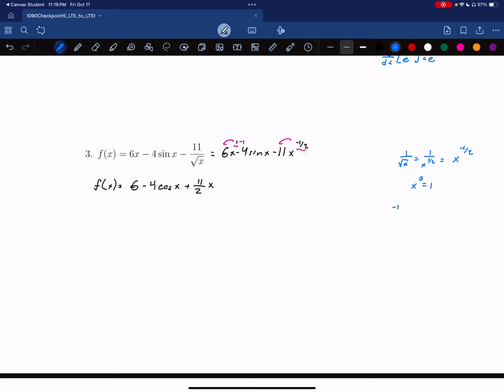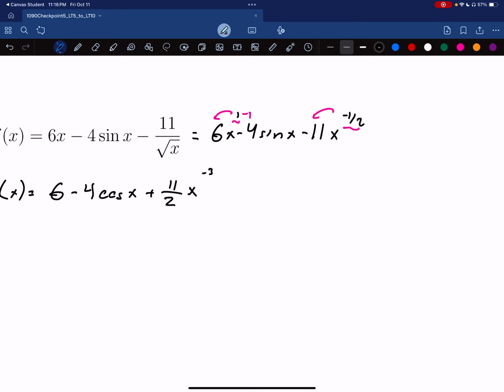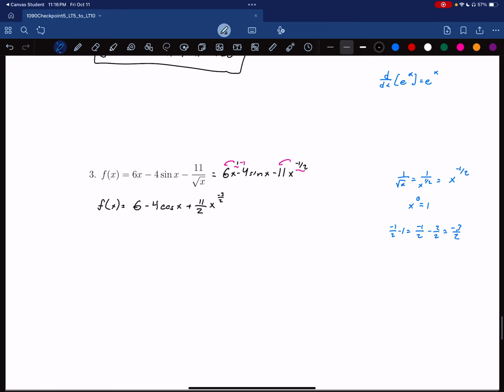And then negative 1/2 minus 1 is equal to negative 1/2 minus 2 over 2, which equals negative 3 over 2. So we'll have a negative 3 halves power. And that is the derivative.